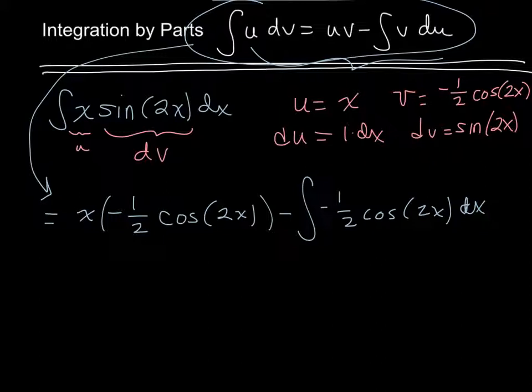So all I've done is plug everything into my little integration by parts formula, and so I simply have minus 1/2 x cosine 2x.